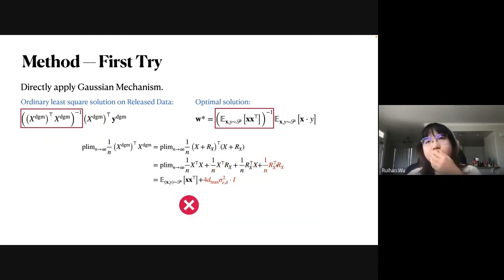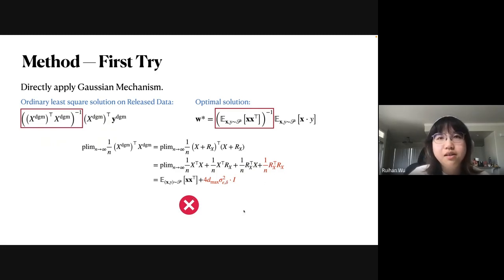However, now the last term, Rx transpose Rx, will converge to a diagonal matrix whose diagonal value is the variance of the Gaussian random variable Rx.